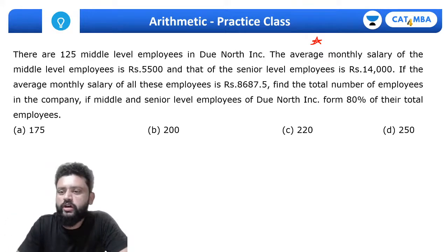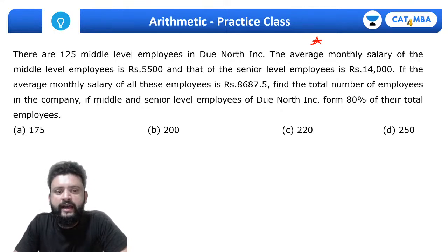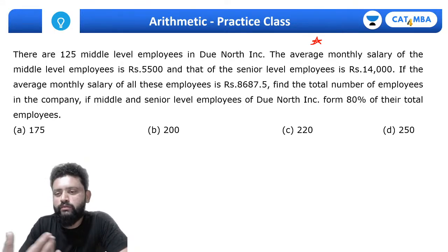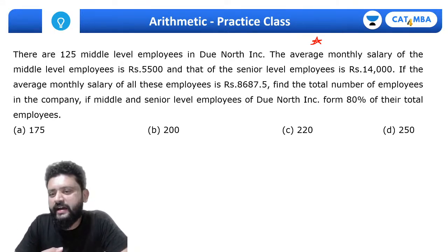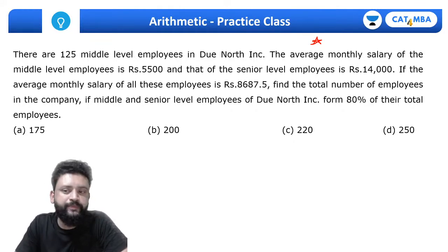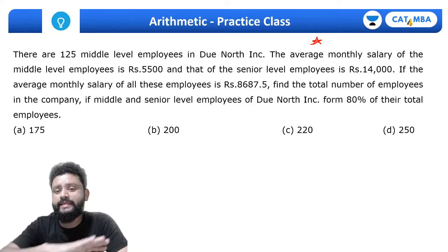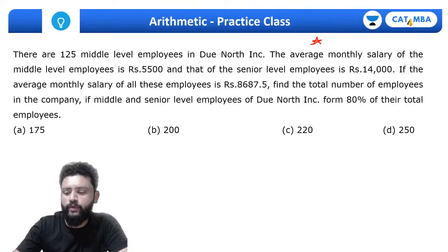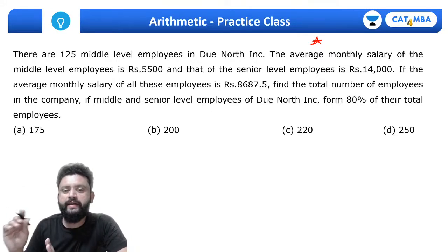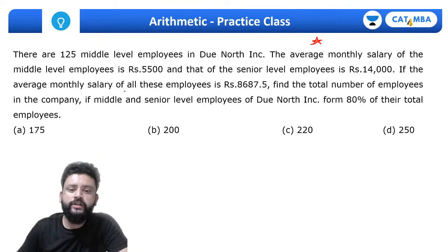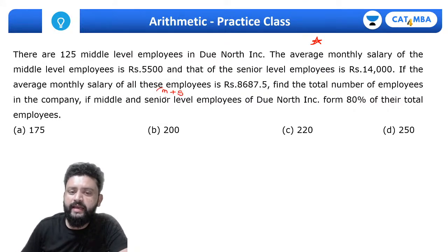So it looks a question of average, right? And average is the topic wherein most of the students find it easy, and all of you know how to do the questions on average. Okay, so if the average monthly salary of all these employees, it is only talking about the middle level employees plus senior level employees.